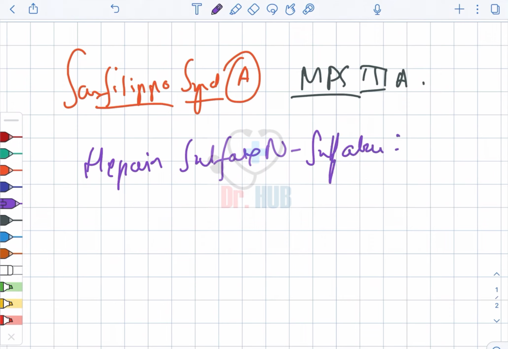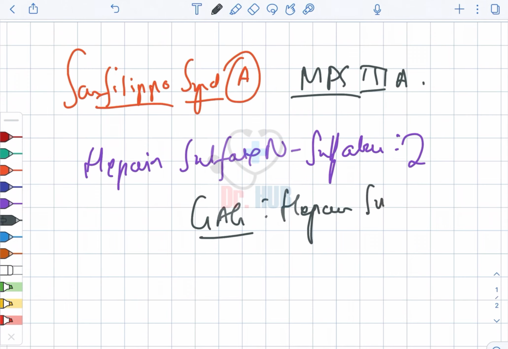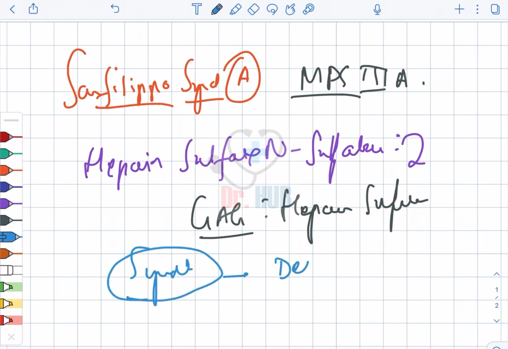So the GAG which is affected here is heparan sulfate, and the symptoms include a delay in development, as well as motor dysfunction.